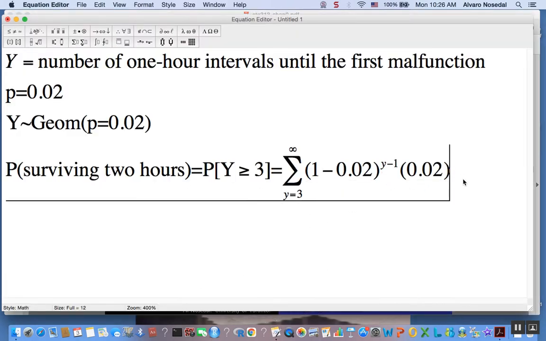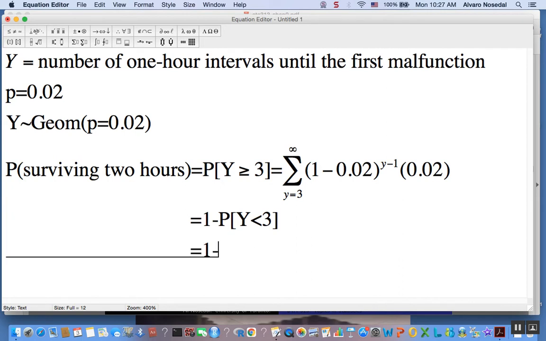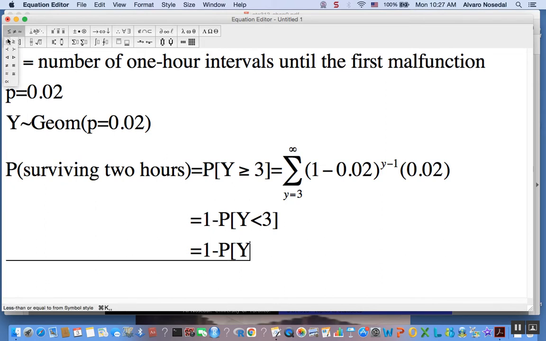We would need to evaluate that series, but there's an easier way. We could find the probability that y is greater or equal to 3 as 1 minus the probability that y is less than 3. That's easier to find.